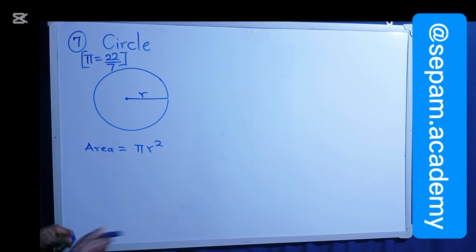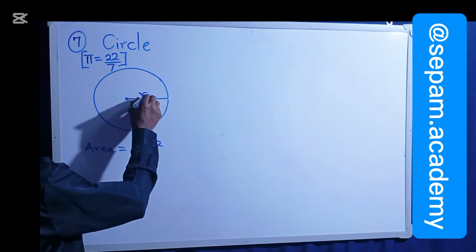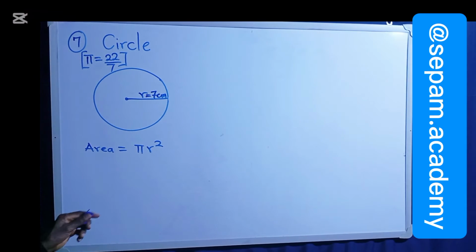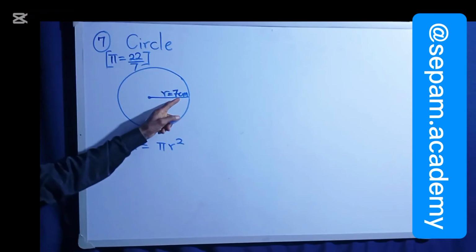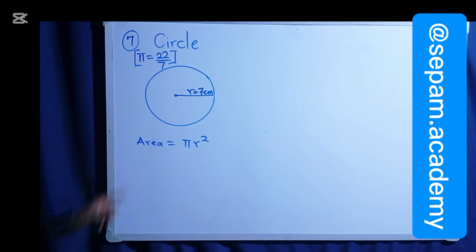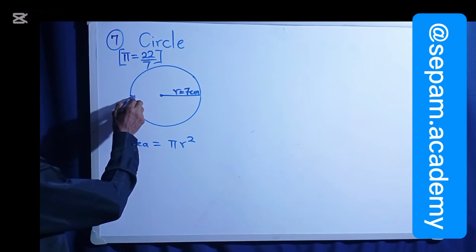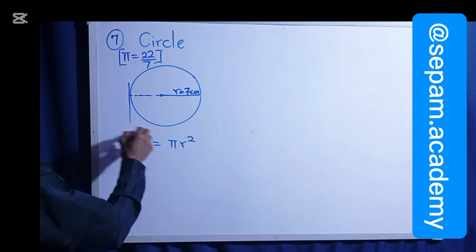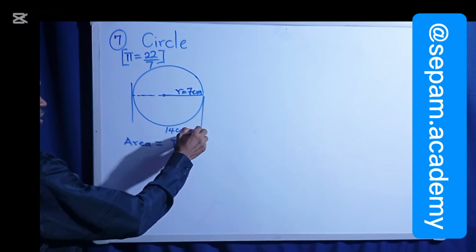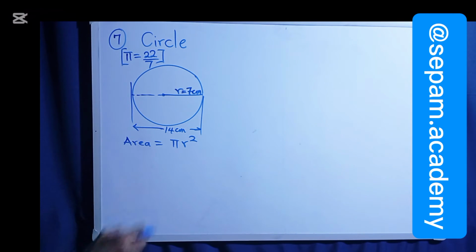So let's take a circle with a radius of 7 cm. If the radius is 7 cm, then the diameter will be 14 cm. So radius plus radius makes up the diameter, and the whole of this to here is 14 cm. It's just to explain that.